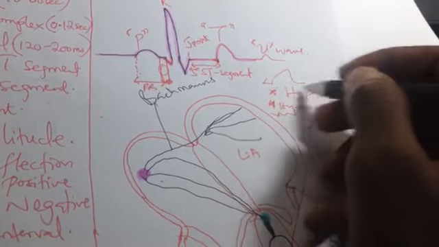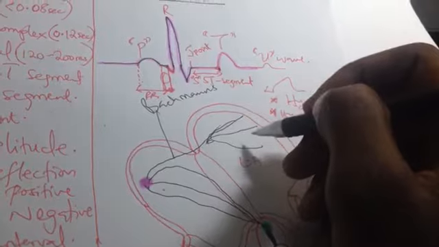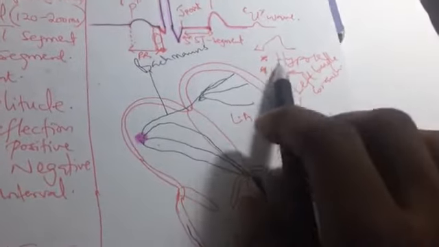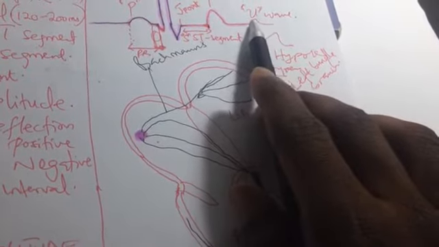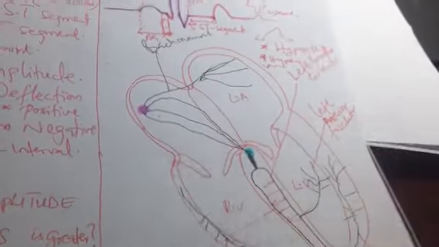In all of these problems, there is an increase in the heart rate of the patient. We don't know why, but we have to know in which conditions we will see a prominent U wave. Normally you can see it, but it is not that prominent.